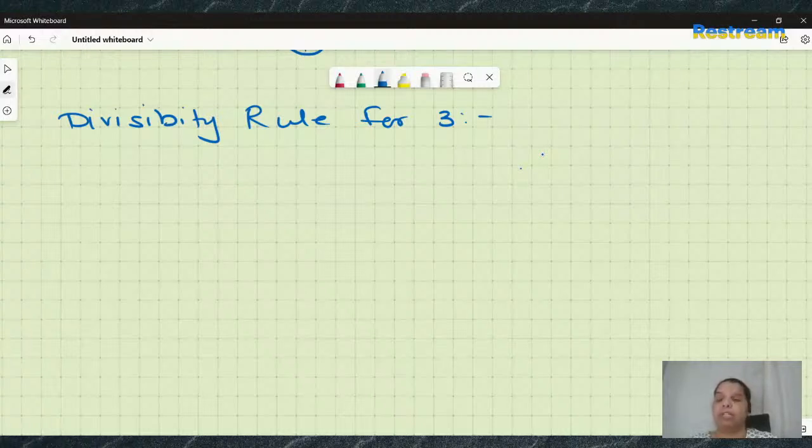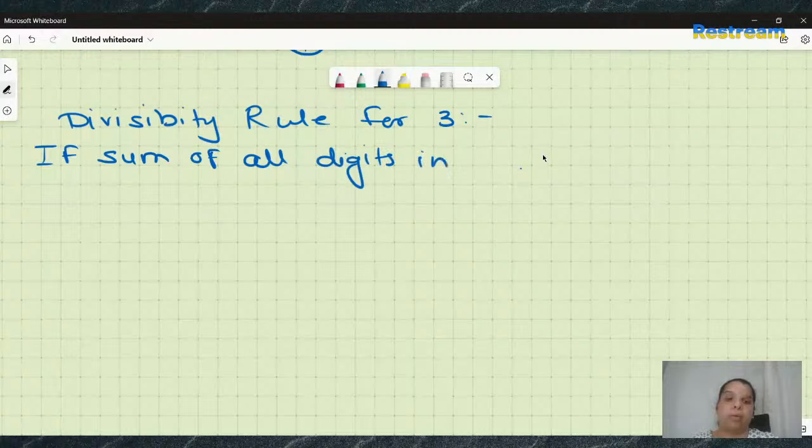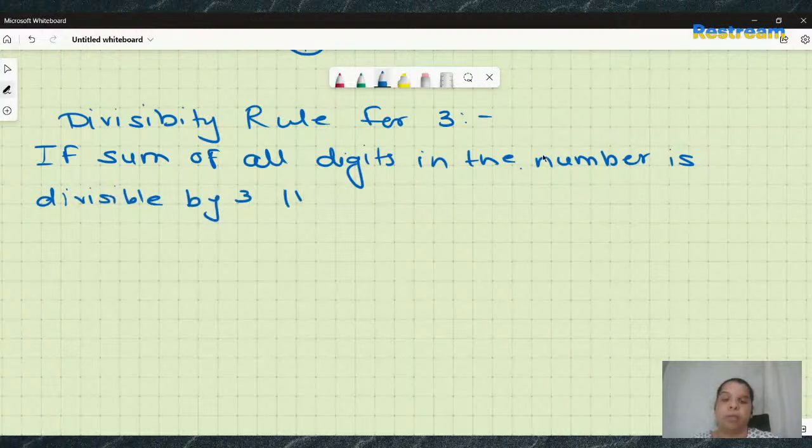For example, let's write it down: if the sum of all digits in the number is divisible by 3, then the number is divisible by 3.